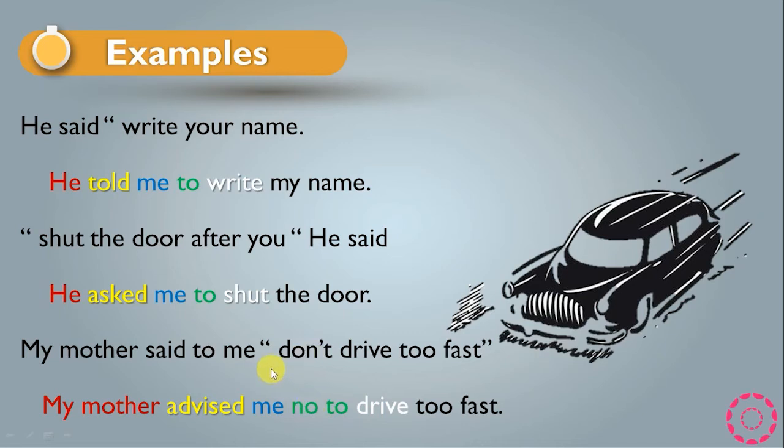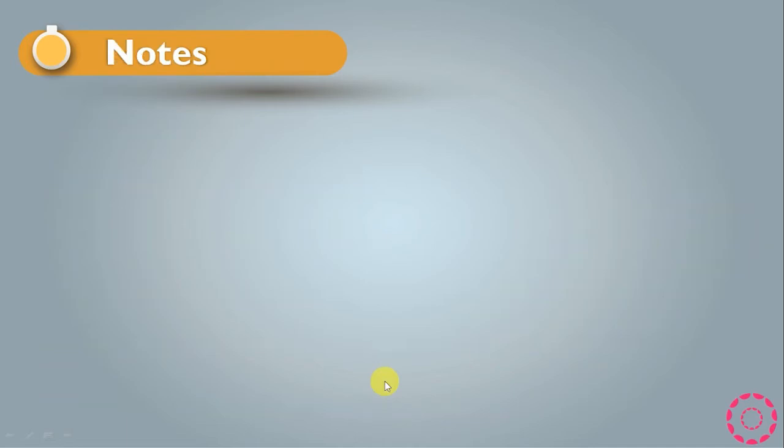It became my mother advised me not to drive too fast. Because we have don't here, it became not, and after to the verb should be base, which is drive. It stays as itself, drive.